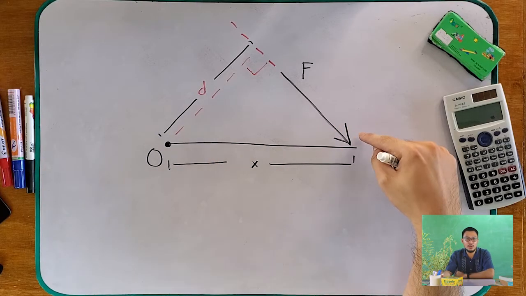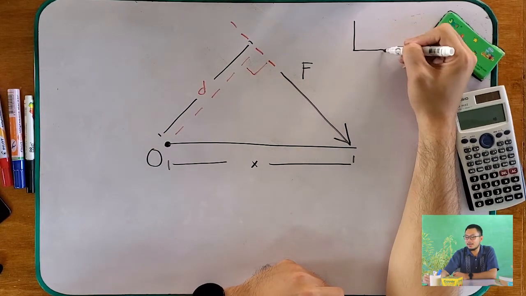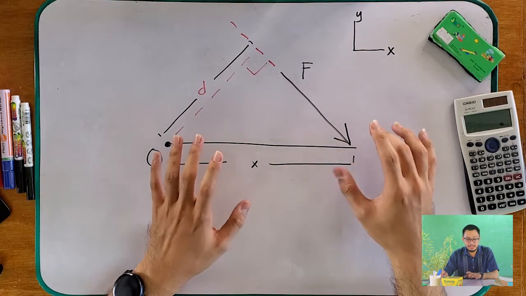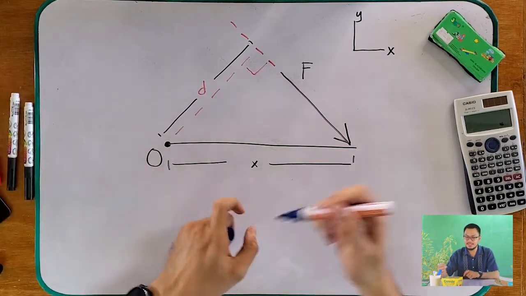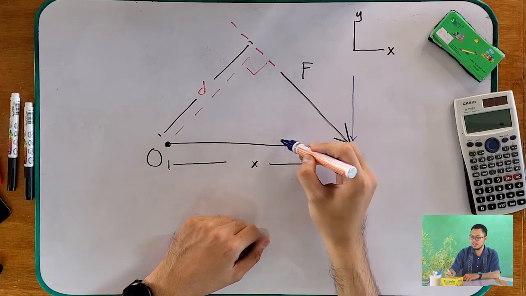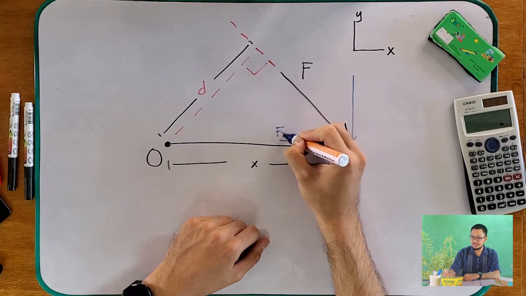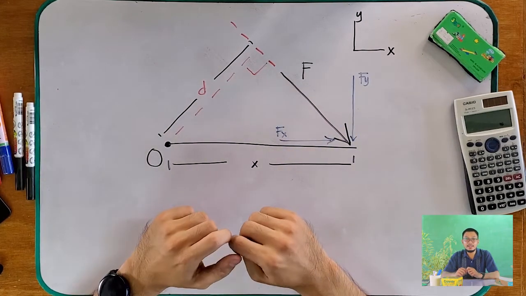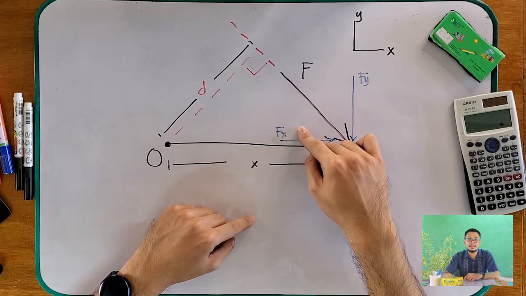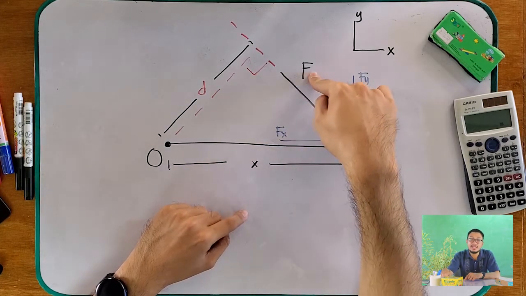We have this force, and if we are going to establish our x and y components, which is that one and that one, this is your Fx and your Fy. Then, the sum of the moments of these two forces is just equal to the moment of this force.